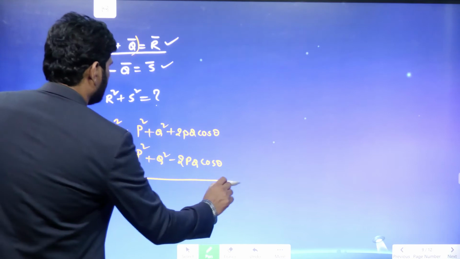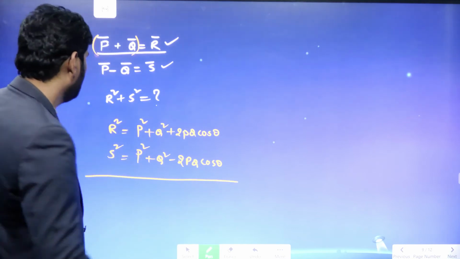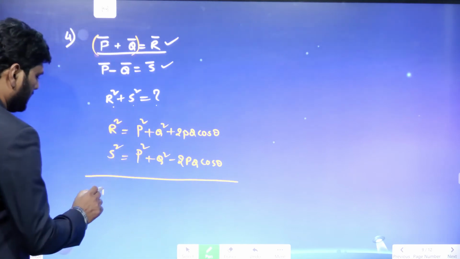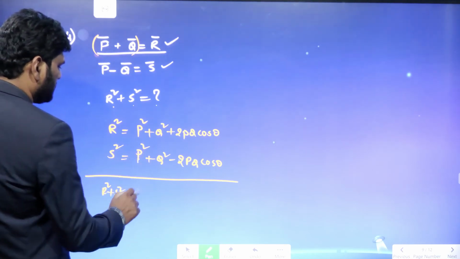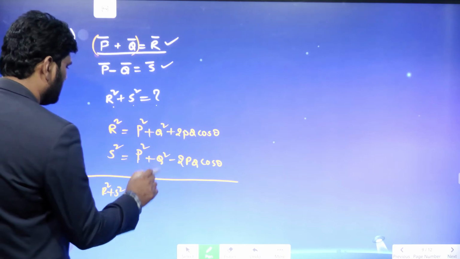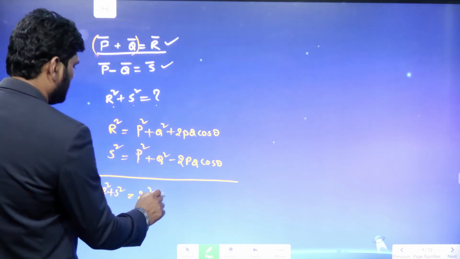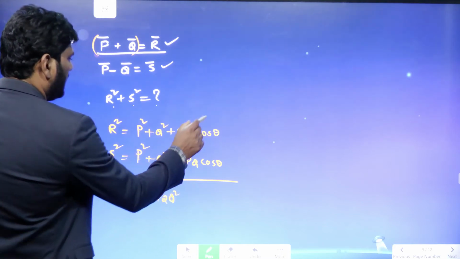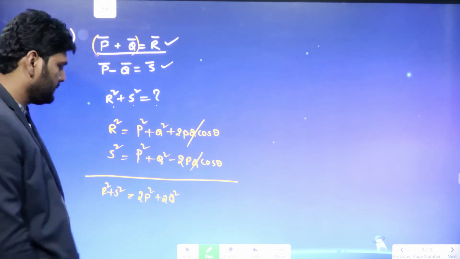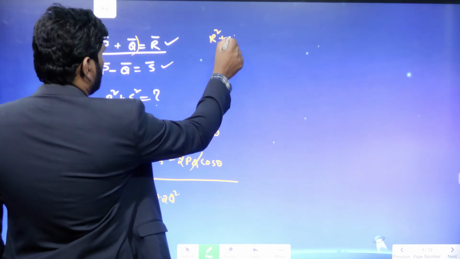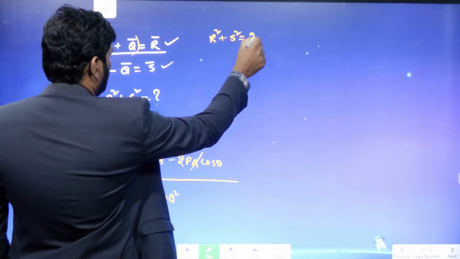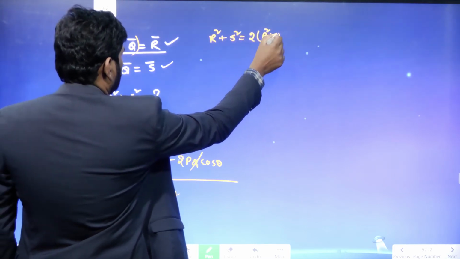So finally, they are taking the addition of R square plus S square. Then R square plus S square is equal to 2P square plus 2Q square, and this one gets cancelled. So finally, R square plus S square is equal to 2 times P square plus Q square.